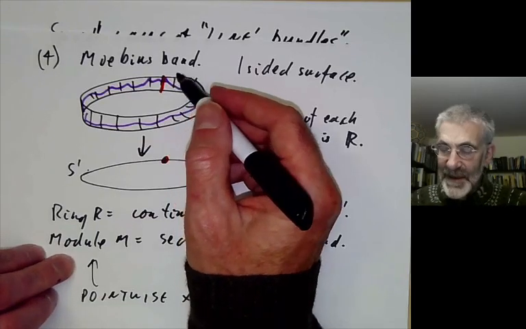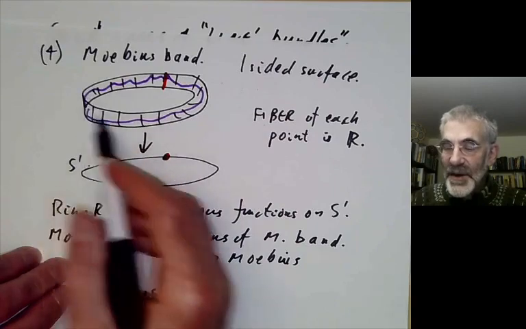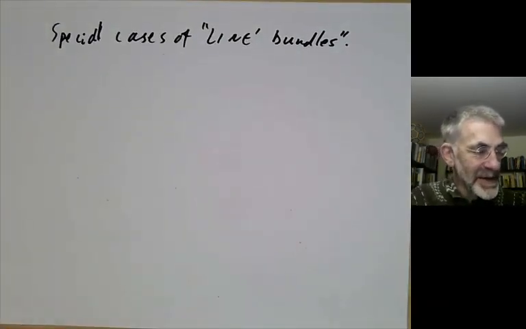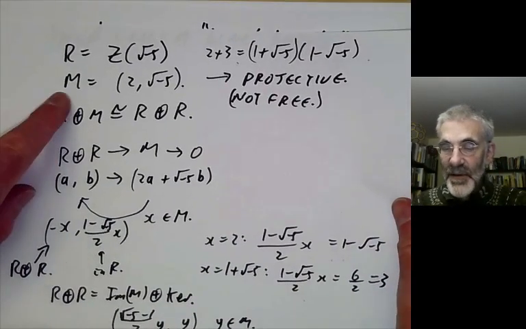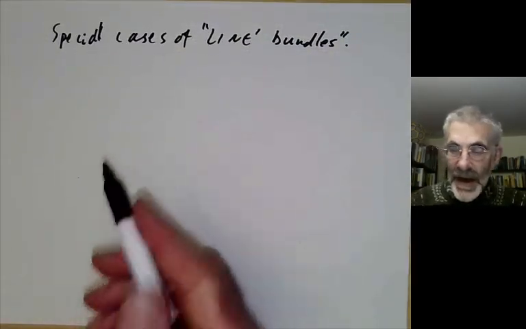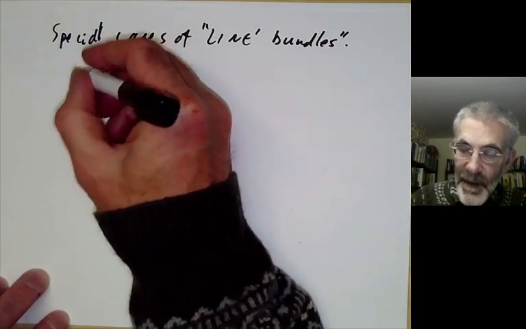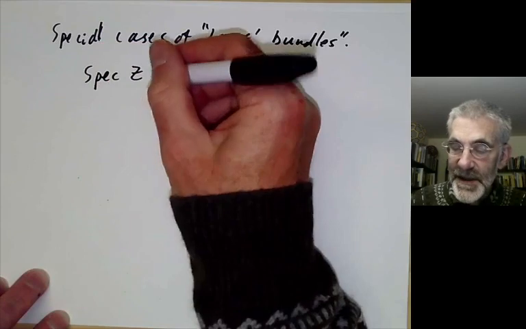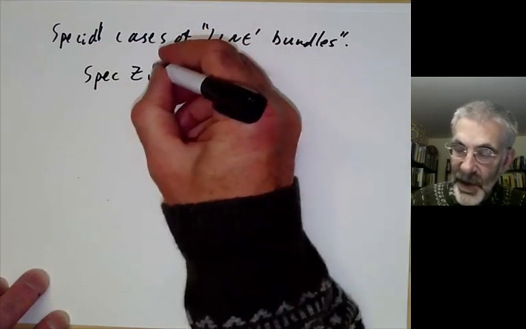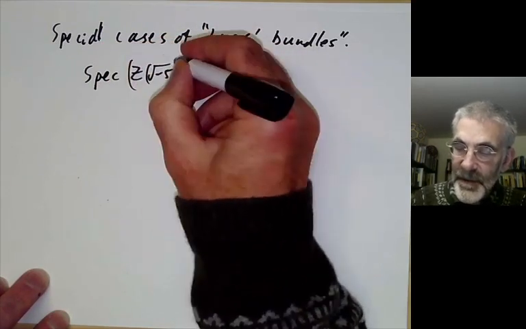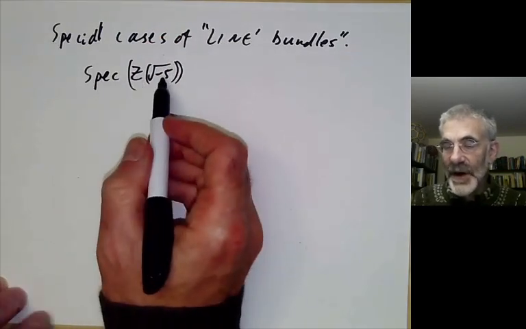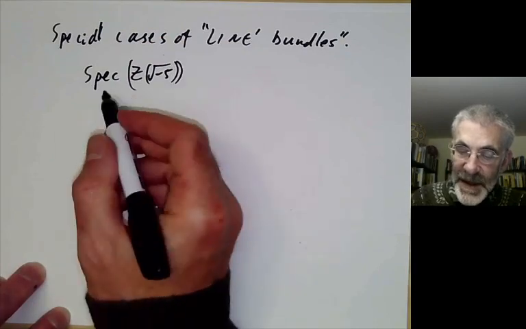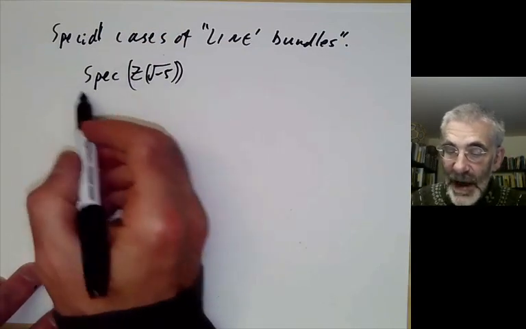And the Moebius band is obviously a line bundle over the circle. Well, how on earth is this ideal here a line bundle over something? Well, in algebraic geometry, we look at the spectrum of a ring R. So you remember this is the set of prime ideals with some funny topology. And if you think of the spectrum of this ring R as being some funny topological space, then it turns out there's a sort of line bundle over it.